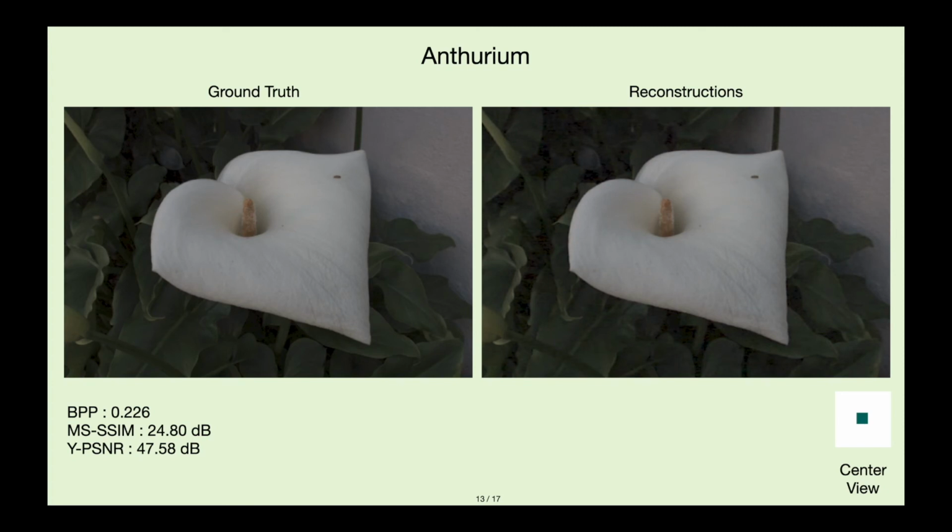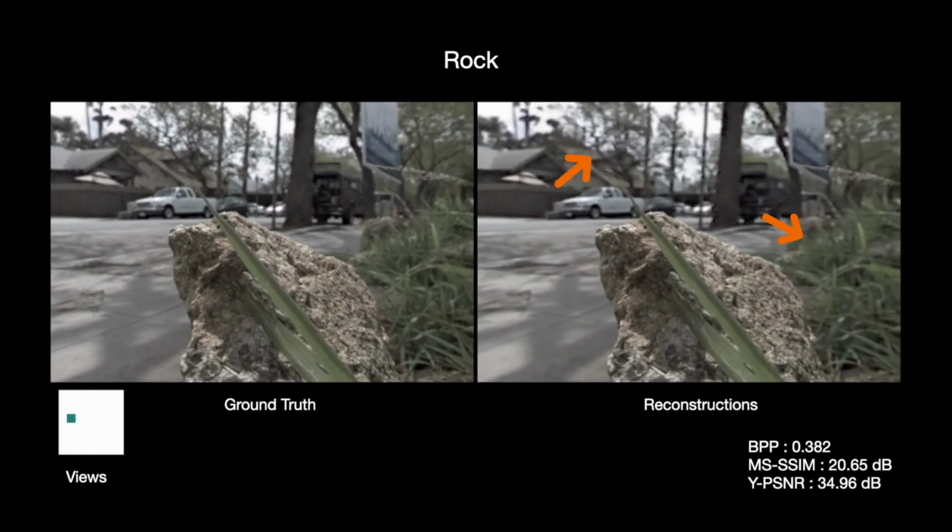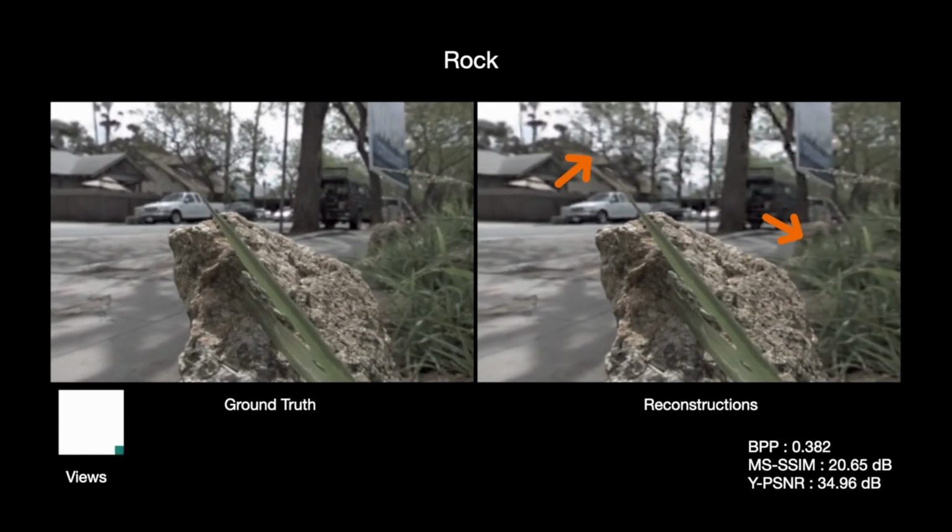However, there are some color reconstruction artifacts, like in this example, the background shows some noisiness. There is also some blurriness. In some of the highly textured areas, there are some smoothing artifacts, as in this example.